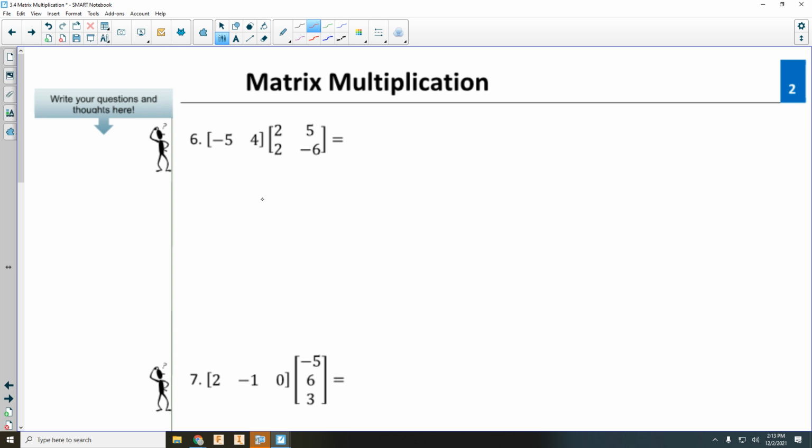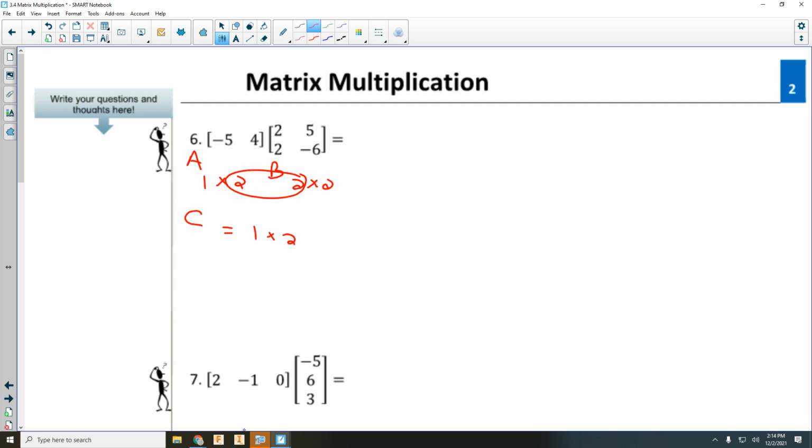Okay, so what do we have? A is a 1 by 2, and B is a 2 by 2. So the final answer would be 1 by 2. We can do it because we have 2's in the middle, right? And the final answer, matrix C, will be a 1 by 2.